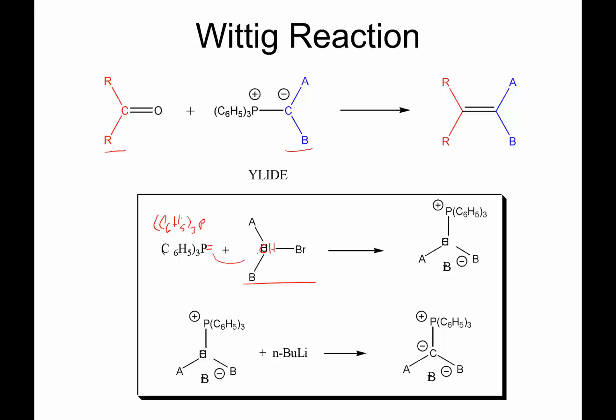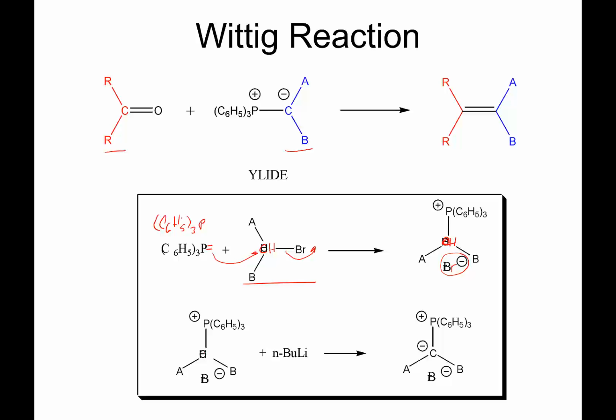It's going to come in and kick the bromine off, which leaves that neutral. The bromine ion is a counter ion, and it'll just hang around to counter the phosphorus. So I just did an SN2 reaction where the phosphorus is now attached to the carbon.